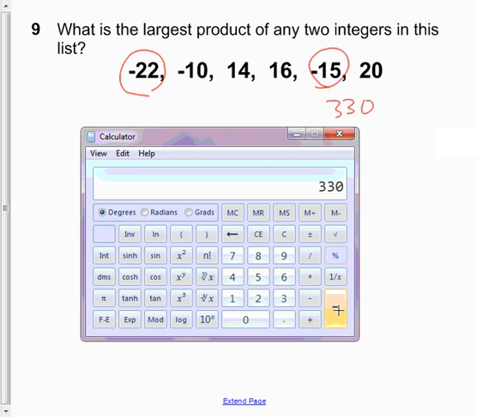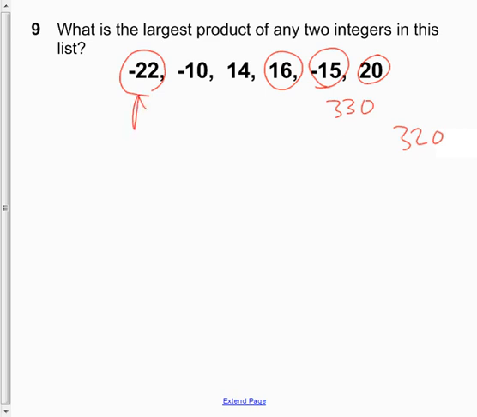If I do 20 times 16, I get 320, which is not as large as the product of -22 and -15. So 10% of you got that wrong. But 78% of you were able to figure out that this negative number times this negative number gives you a larger product than this positive number times this positive number.